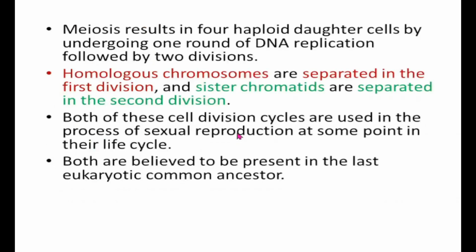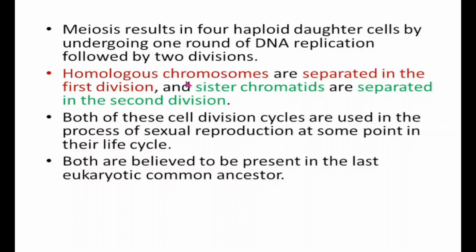Meiosis results in four haploid daughter cells by undergoing one round of DNA replication followed by two cellular divisions. So there will be four daughter cells from the male parent and also four daughter cells from the female parent. Homologous chromosomes are separated in the first division. There are two consecutive divisions in meiosis.